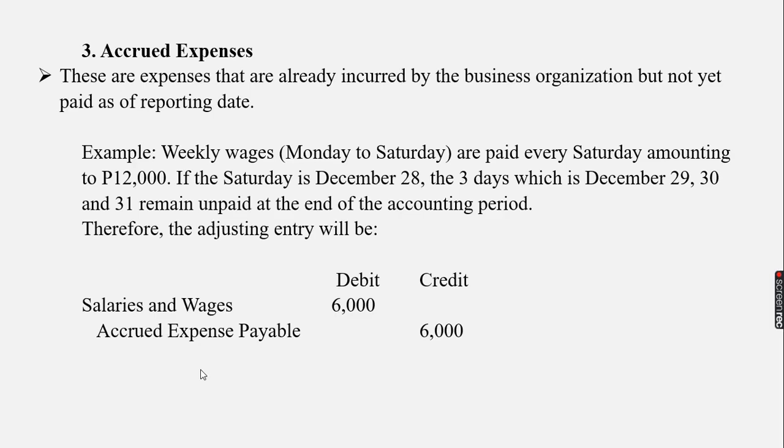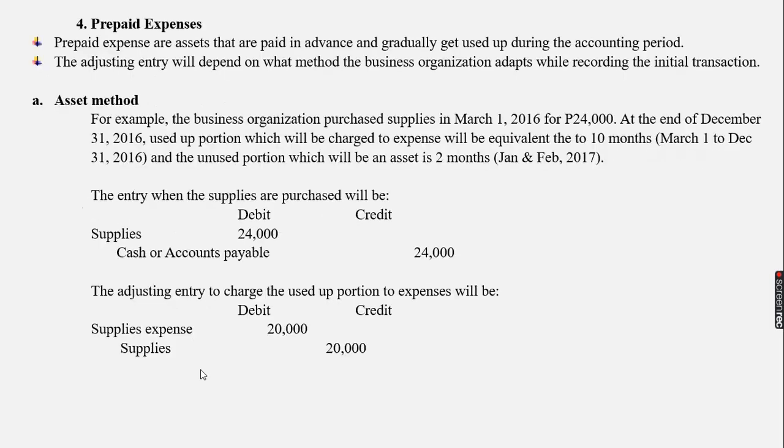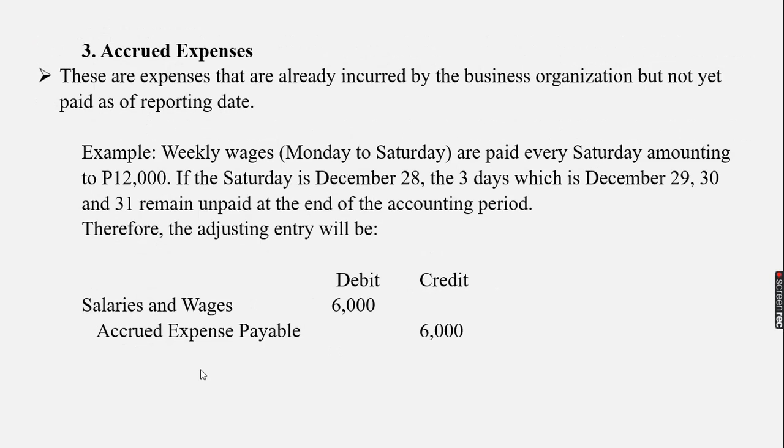hindi pa nabayaran. Let's say, for example, weekly wages, Monday to Saturday, are paid every Saturday. Oh, ito na yung example ko kanina, amounting to 12,000. So, if the Saturday is December 28, the 3 days which is December 29, 30, and 31 remain unpaid at the end of the accounting period.